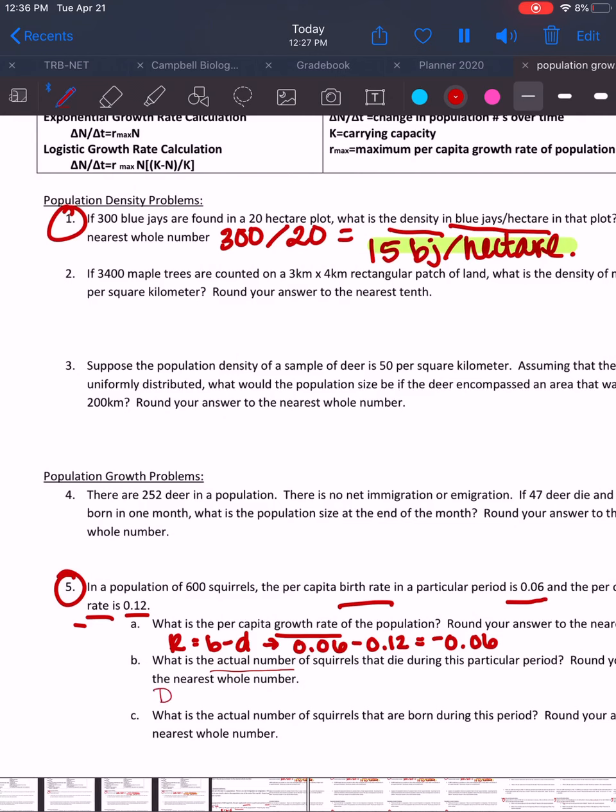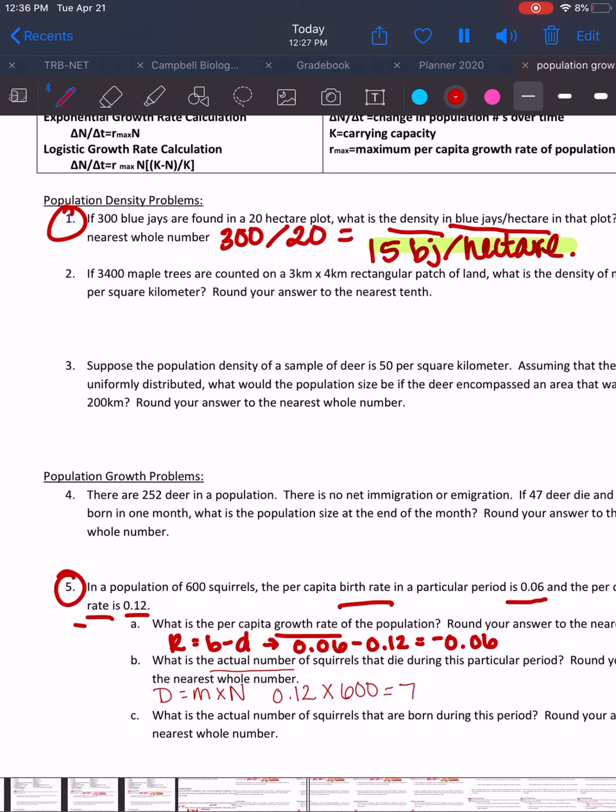So it is going to be D equals m times N, where N is the number in the population. That equals 0.12 times 600, which gives me 72 deaths.